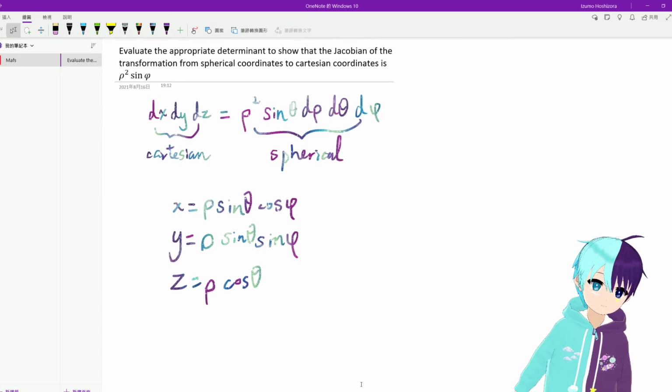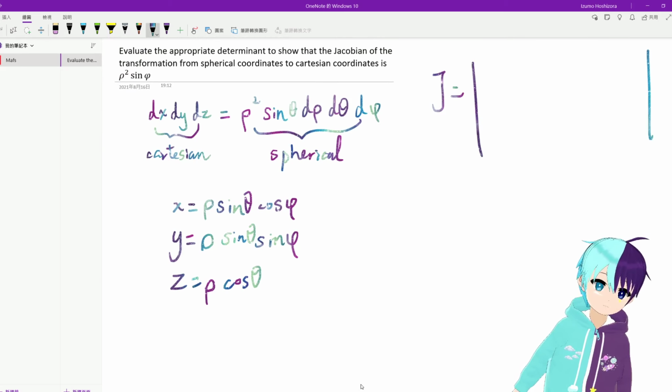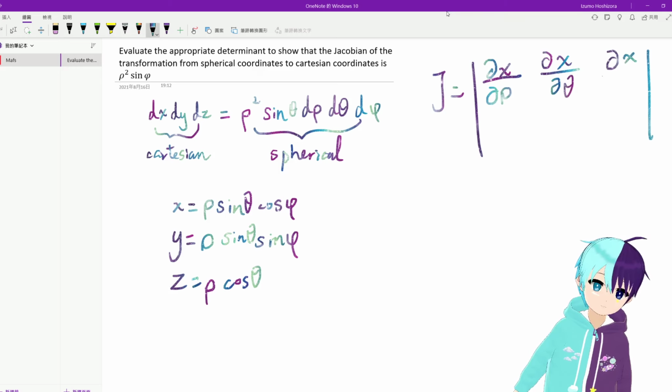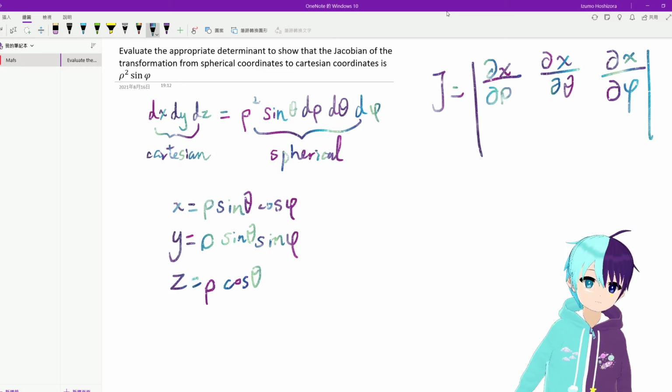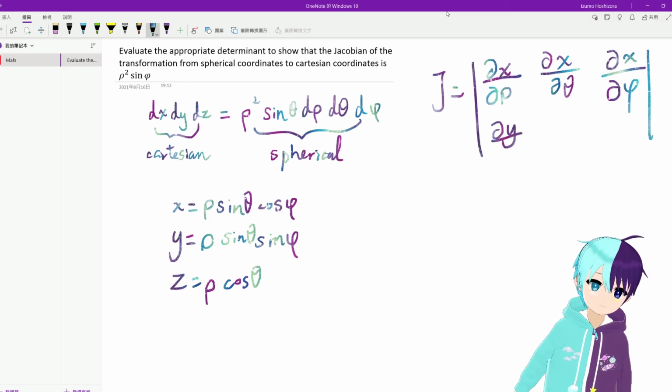So how do we compute the Jacobian matrix? It's rather easy because we already have these three variables. For the first row, it should be the partial of x with respect to the partial of rho, and then we have partial of x with respect to the partial of theta, partial of x with respect to the partial of phi, and then for the two coming rows, it will be the same logic.